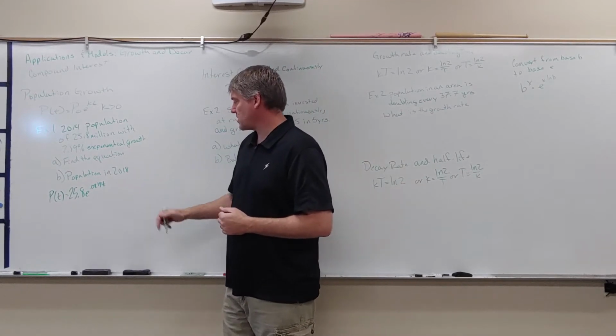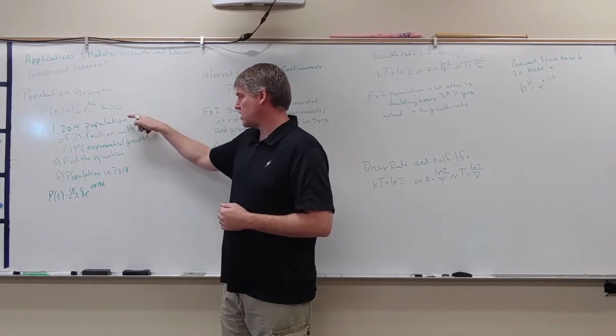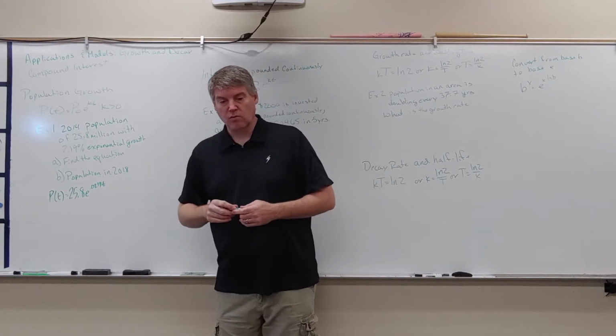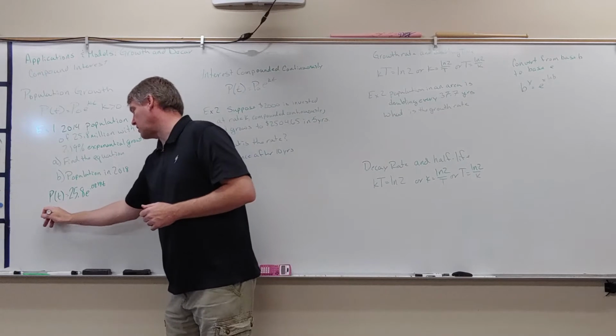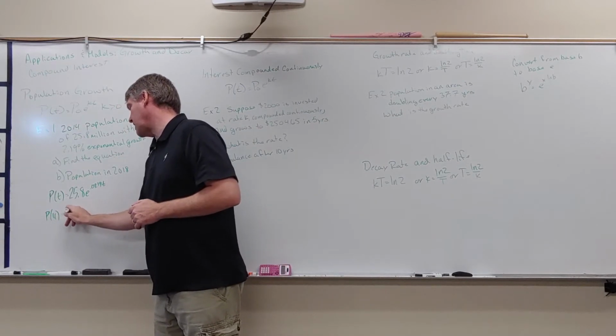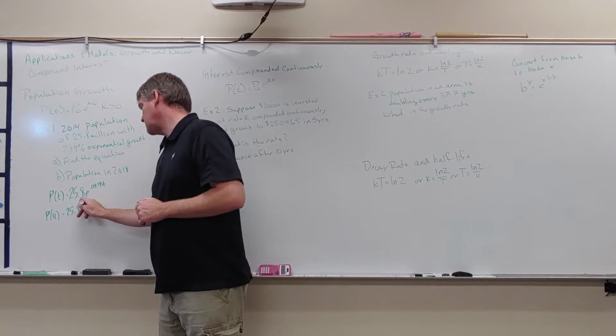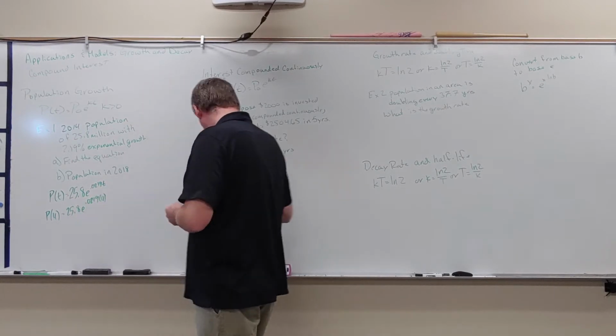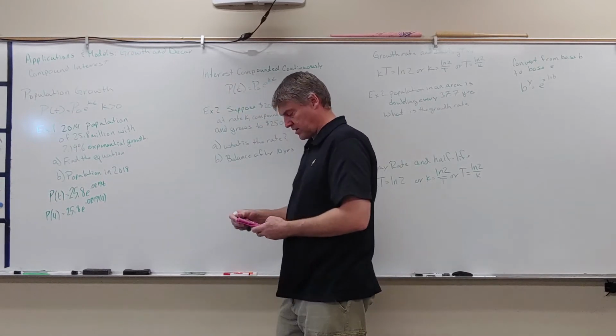So the population in 2018. How many years is there between 2018 and 2014? So what we're going to do is find that difference. So we're going to go 4 years. So in 4 years, we have 25.8 e to the 0.0219 times 4. We're going to plug this all into our calculator here.